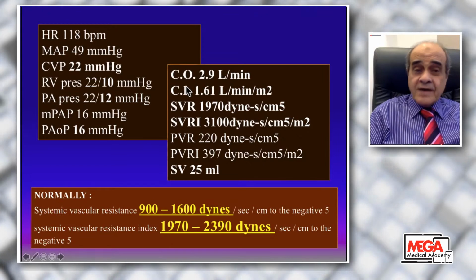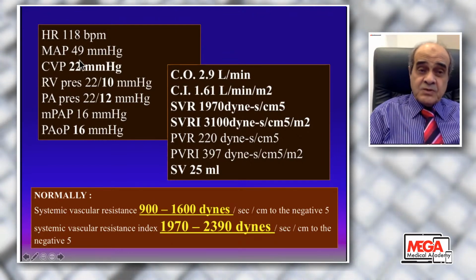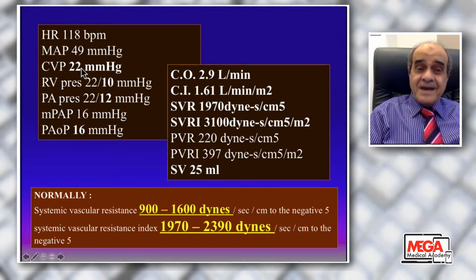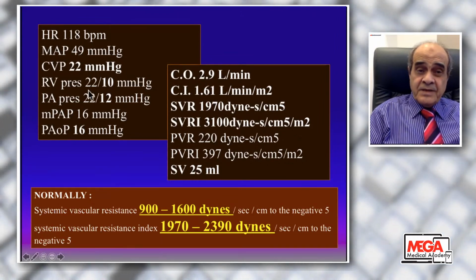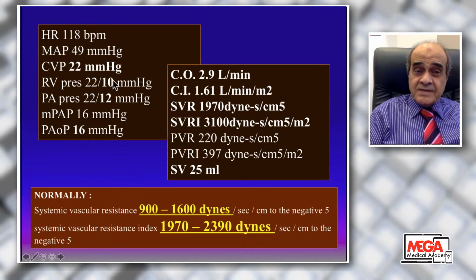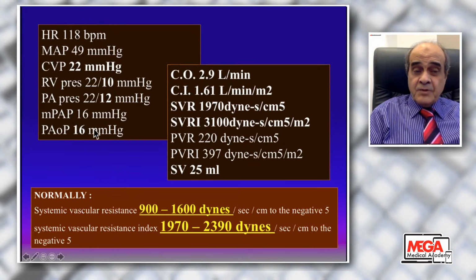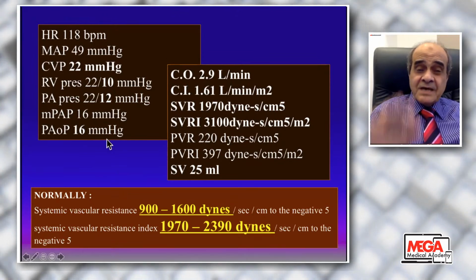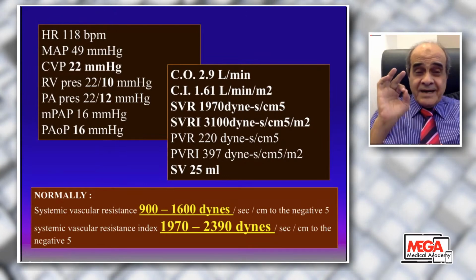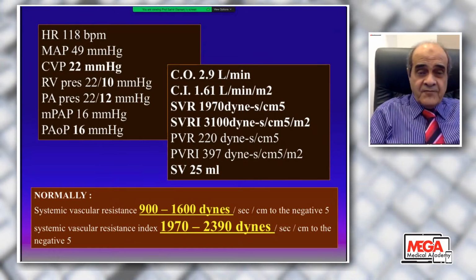So here there is low cardiac output, a tachycardic patient, low blood pressure, high CVP of 22 millimeters of mercury, high right ventricular diastolic pressure, and wedging pressure nearly equal to the pulmonary artery pressure. This picture is characteristic of cardiac tamponade or pericardial effusion.